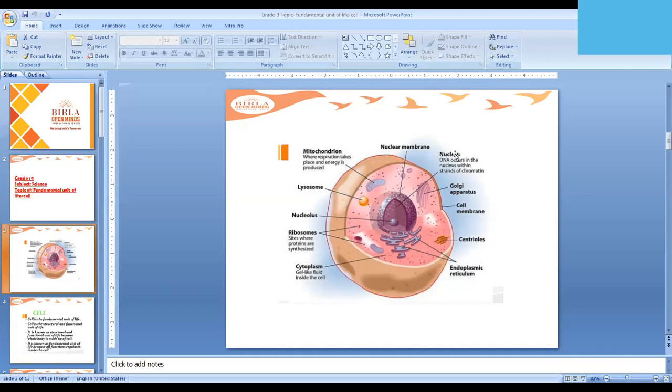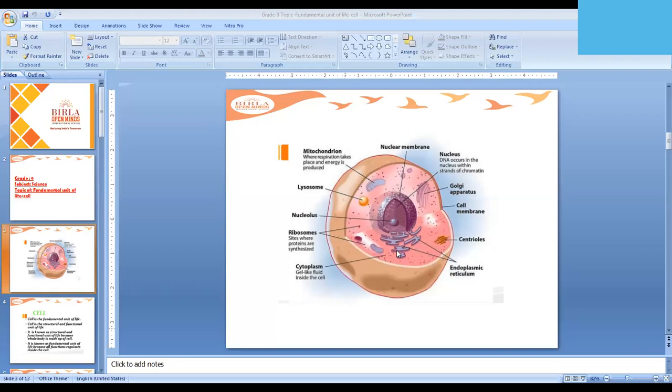So here are the organelles: mitochondria, lysosome, nucleolus, nucleus. Usually the nucleus is present in the middle of the cell, and inside this nucleus the nucleolus is present, and it is covered by a nuclear membrane.